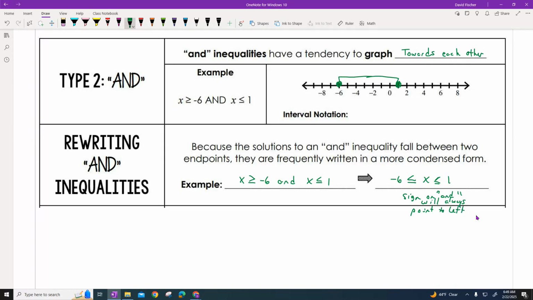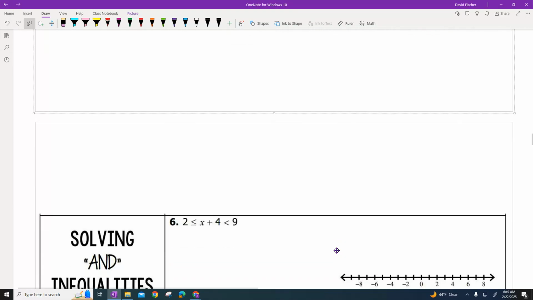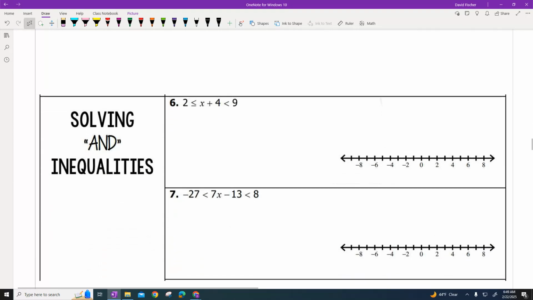But again, the way you read this is x is all numbers greater than -6, so you start in the middle and read this way, and then you come back to the middle and say x is all numbers less than or equal to 1. So that means all these numbers in between. Any one of these numbers I could plug into this inequality over here, and it would make a true statement.